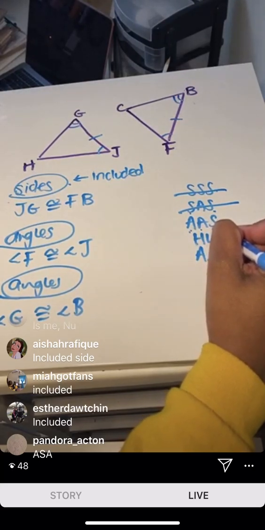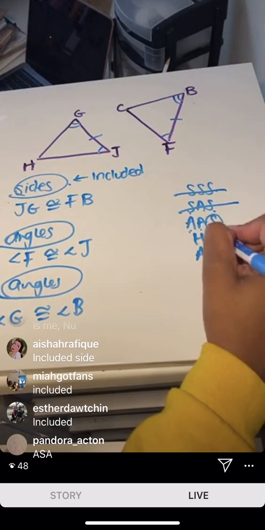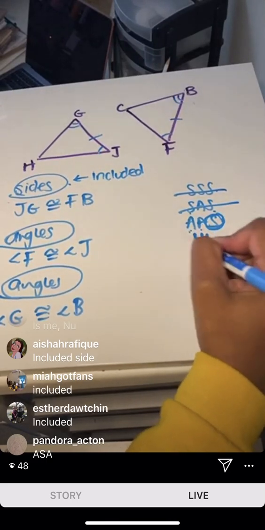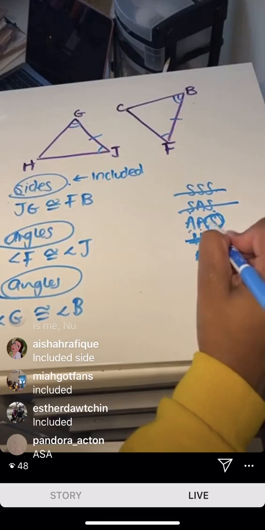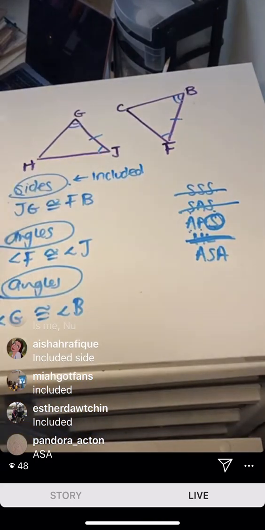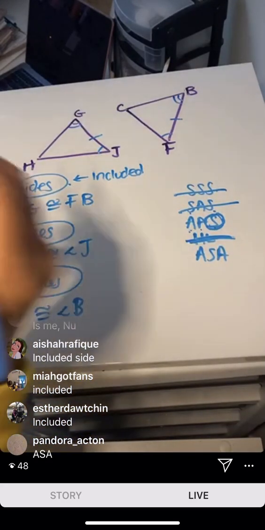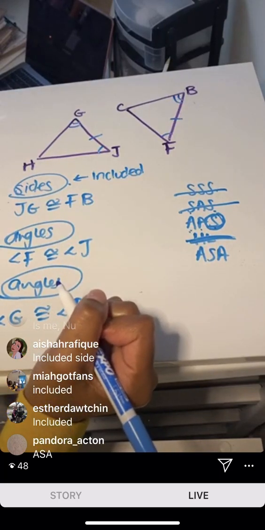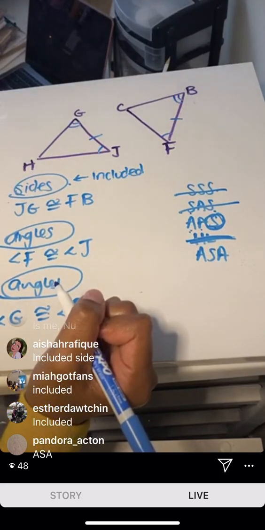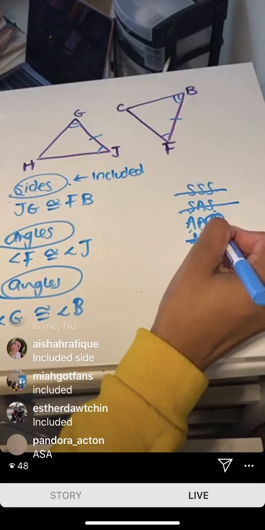I see somebody put the answer down. Why wouldn't this one work? Hypotenuse leg wouldn't work because it's not a right triangle. Why doesn't this work? Angle, angle, side. Something about that side.